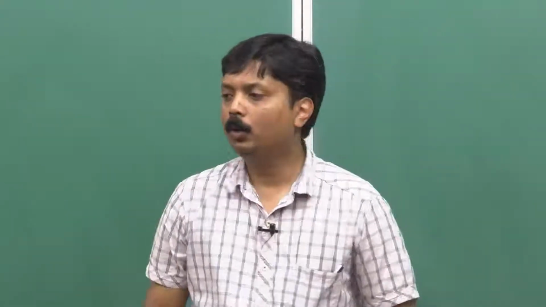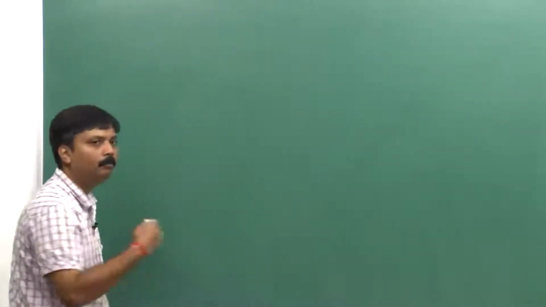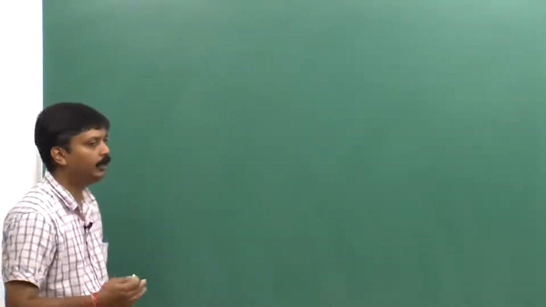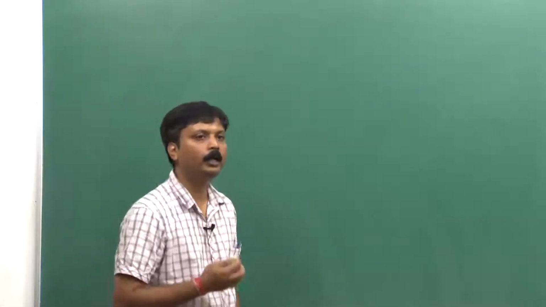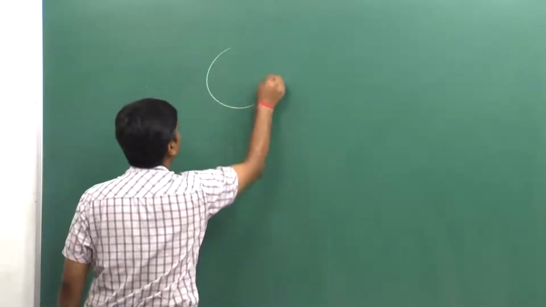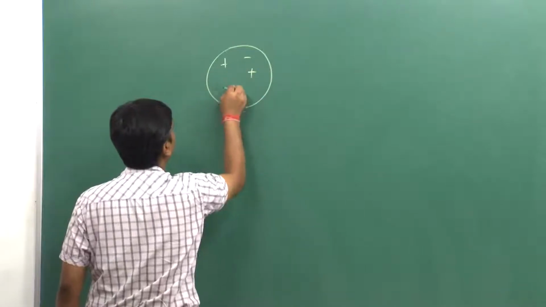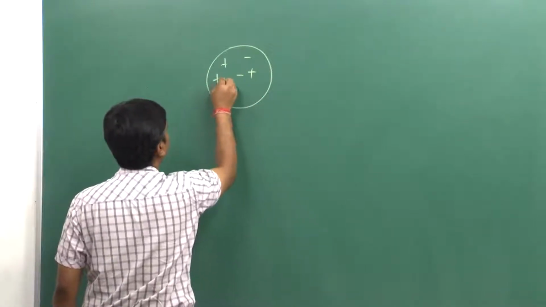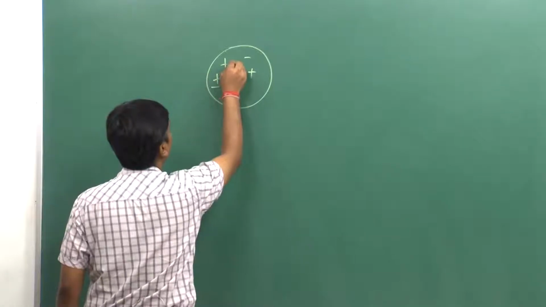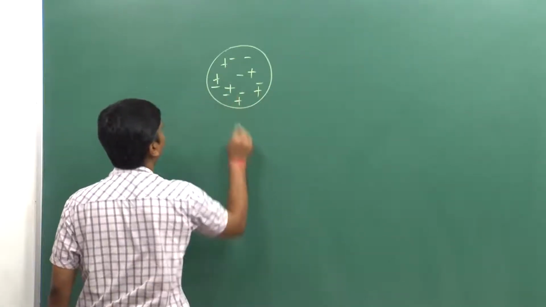When intense laser light acts on matter, particularly if I take a nonlinear optical material, then under equilibrium condition you have a very symmetric charge distribution. This is a random charge distribution everywhere, so this is very much isotropic.